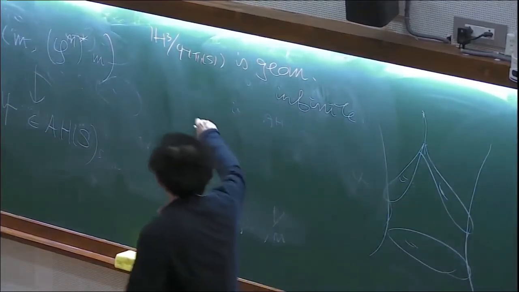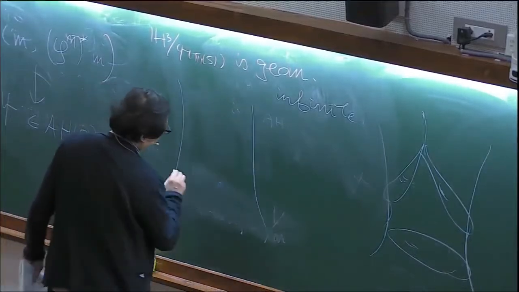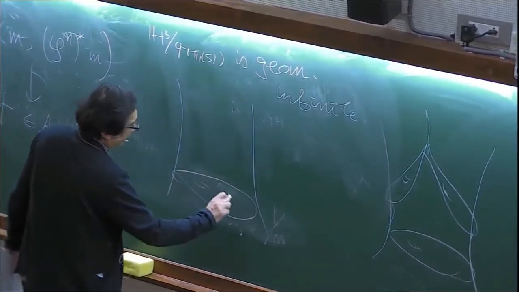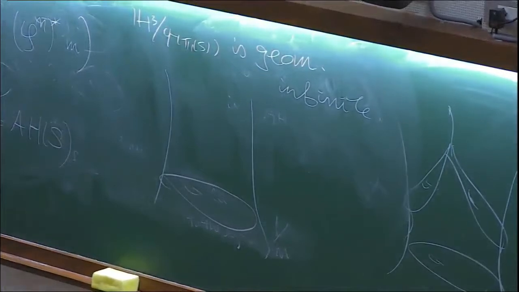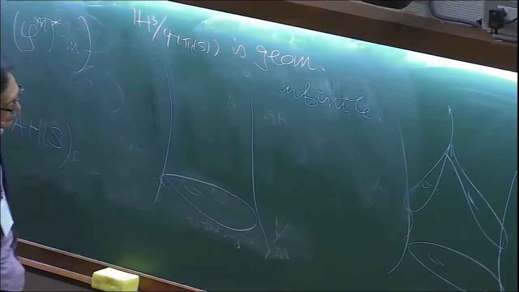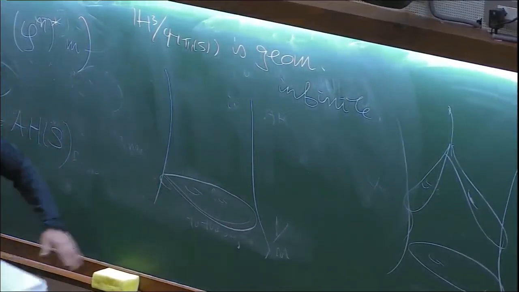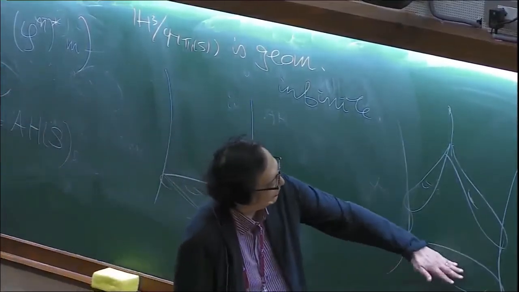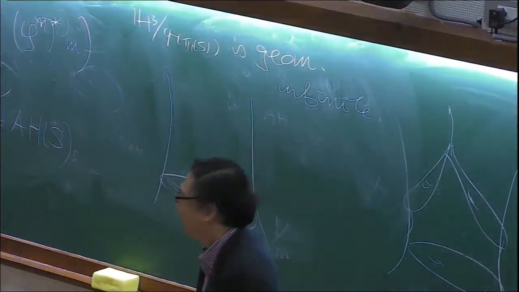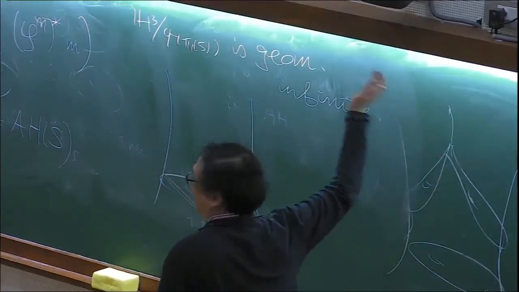Well, if I draw the picture, it's like this. This is a picture of the convex core. You have a convex core which has a boundary below, like this. The boundary is quite similar to this case, but this part disappears.